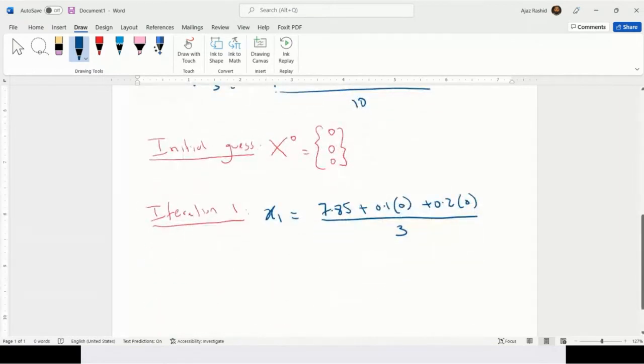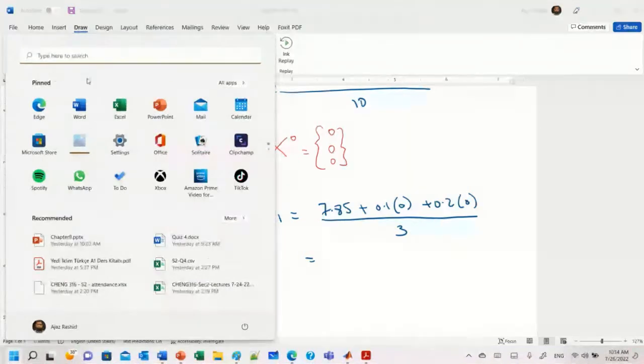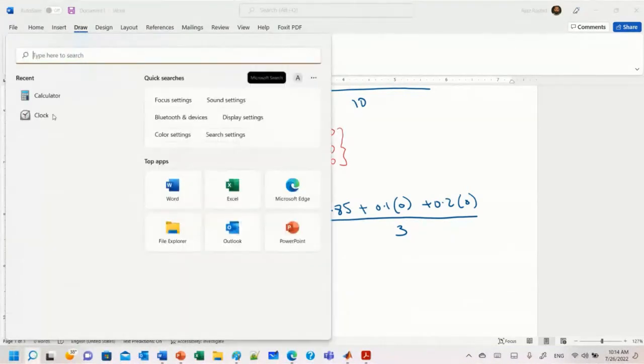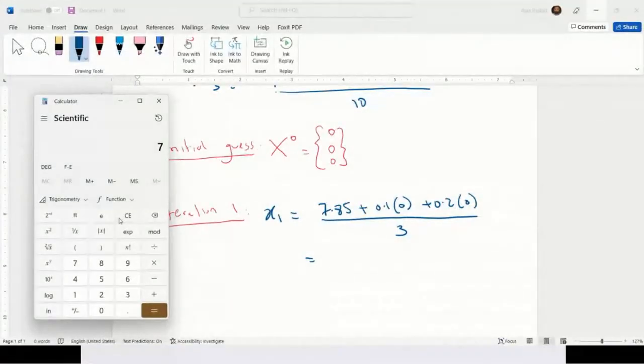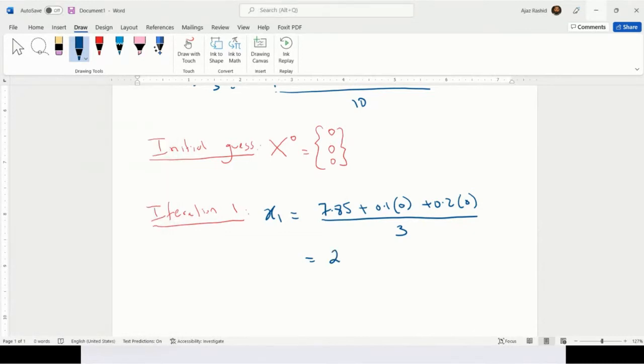So 7.85 plus 0 is just 7.85 divided by 3. So 2.617.